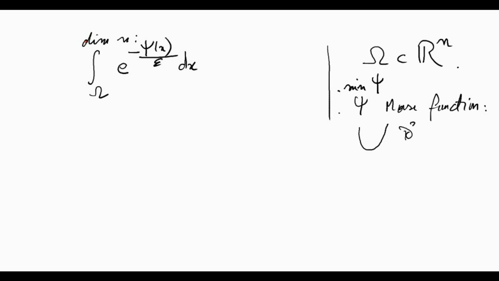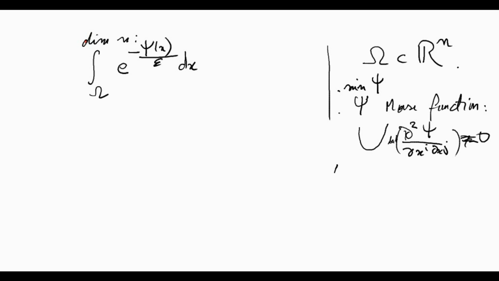So we look at the second derivative of psi with respect to a coordinate system xi, xj, and we assume that this matrix is non-singular. So the determinant of this is not 0. And moreover, we assume that the set of points where psi achieves its minimum is an ensemble of discrete points.